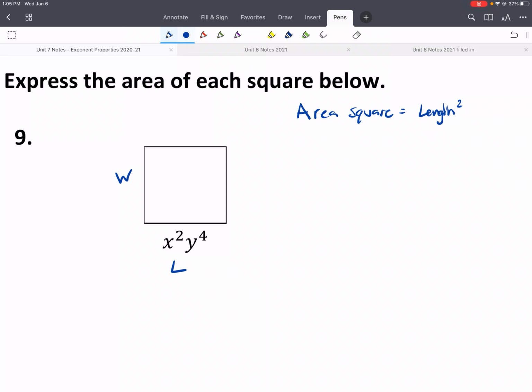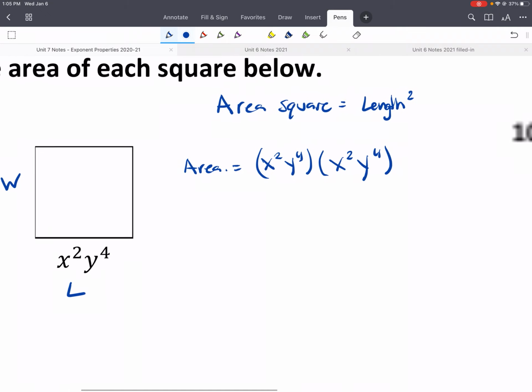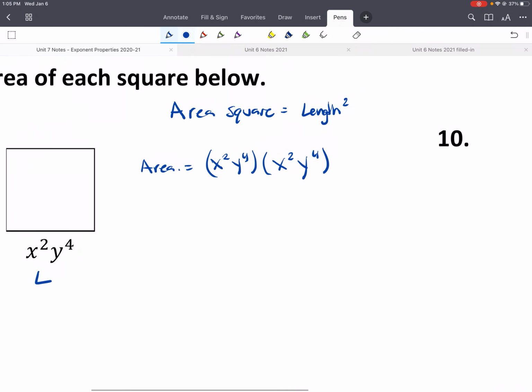Okay, so if we want to find our area, all we need to do is x squared y to the 4th, and then we square it. Another way you could do that would be, since length is the same as the width, you could just multiply it by itself twice. So either way, these are equivalent, just depending on how you want to do it. So length squared or length times length.